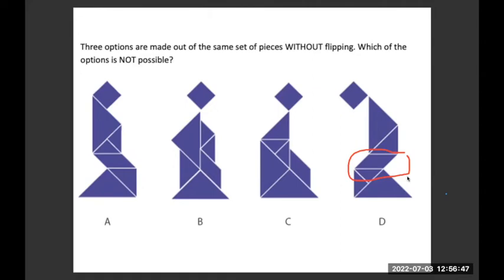So 3 of the options are made out of same set of pieces without flipping, and what is not possible? So यहाँ का you got it straight away, option D.